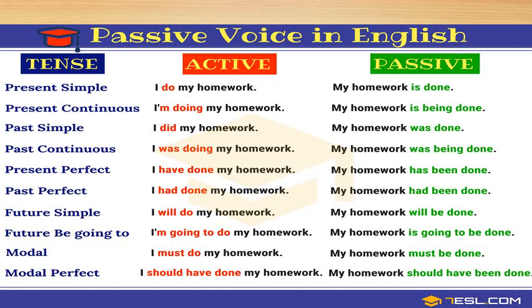The object and the action itself are much more important than the subject. And I told you that every tense has its own grammatical structure that is different from the other tenses.